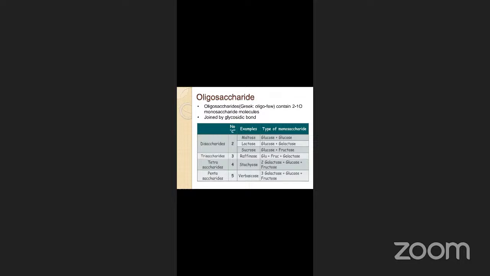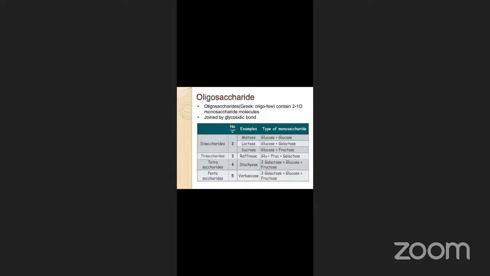Di means 2, right? Maltose is made up of 2 glucose molecules. Lactose is made up of glucose and galactose. Sucrose is made up of glucose and fructose. Raffinose is made up of glucose, fructose, and galactose, three carbohydrates.